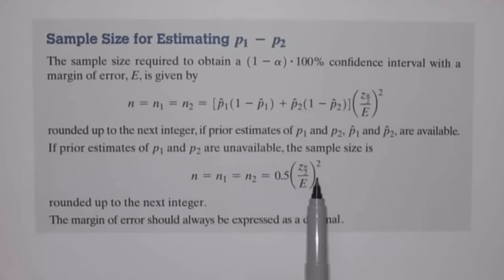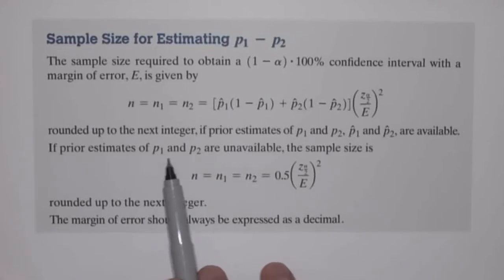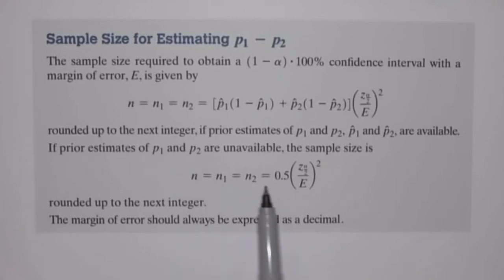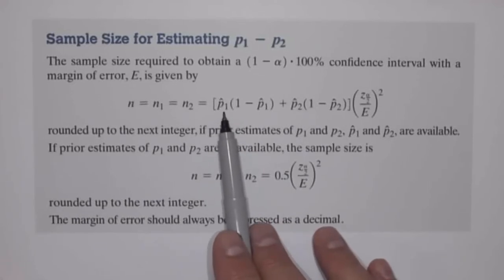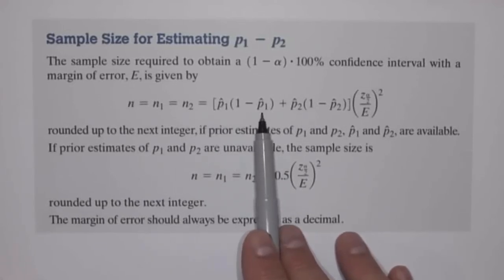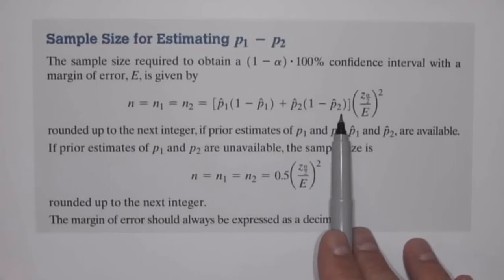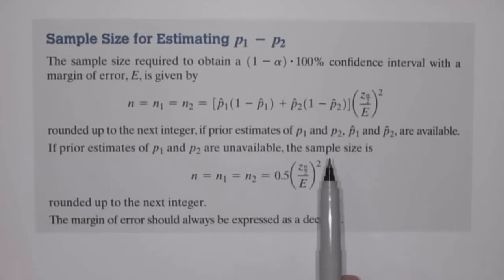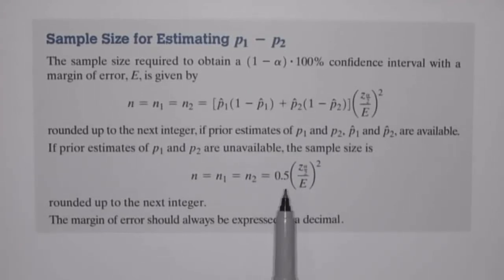So notice this part that's being squared is the same here in both of these formulas. The difference here is when we don't have a preliminary estimate for p1 and p2, we're going to use 0.5 instead of this p hat 1 times 1 minus p hat 1 plus p hat 2 times 1 minus p hat 2.